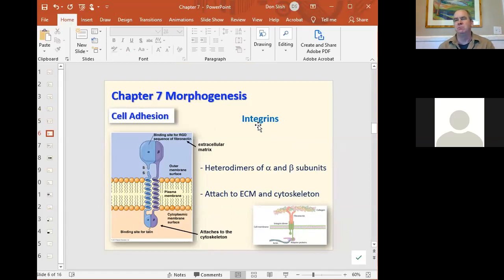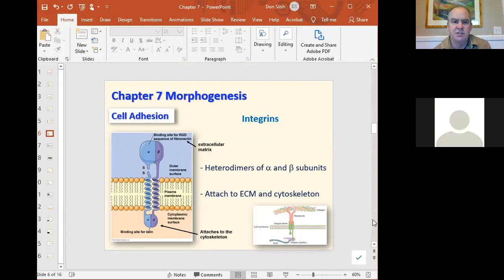And also probably some proteoglycans or glycoproteins or something like that, but mainly collagen and fibronectin. So your integrins then are heterodimers. You've got an alpha subunit and a beta subunit. Binding sites for the RGD sequence of fibronectin. Who cares? So on the outside, it's attaching to the extracellular matrix, and intracellular attaching to the cytoskeleton.